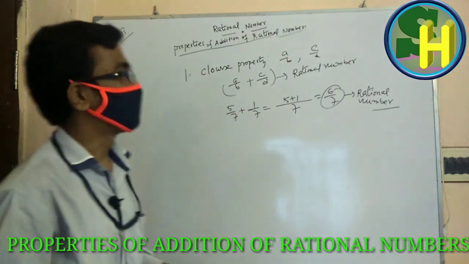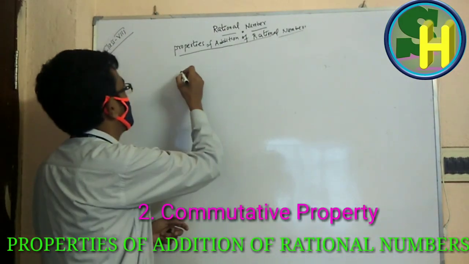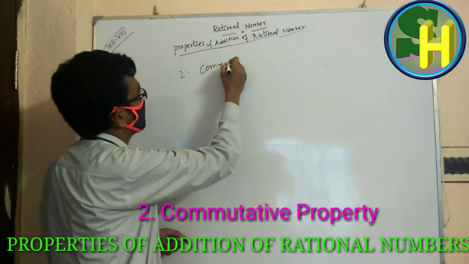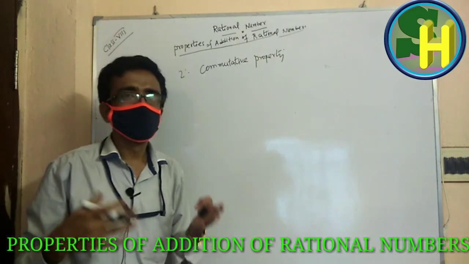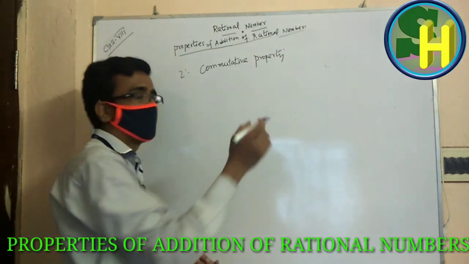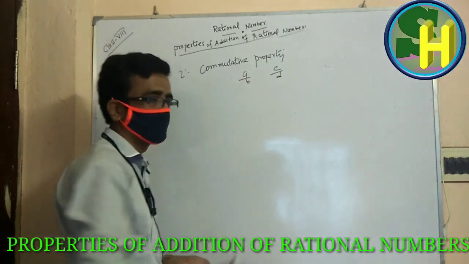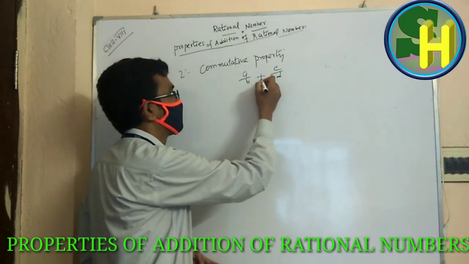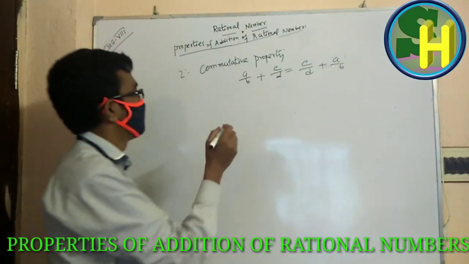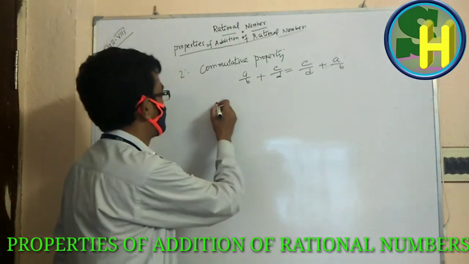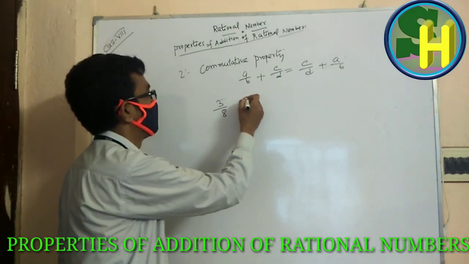Next is the commutative property. The commutative property states that if A by B is a rational number and C by D is also a rational number, the addition of both, A by B plus C by D, will be equal to C by D plus A by B. I am taking an example: 3 by 8 and 5 by 6.